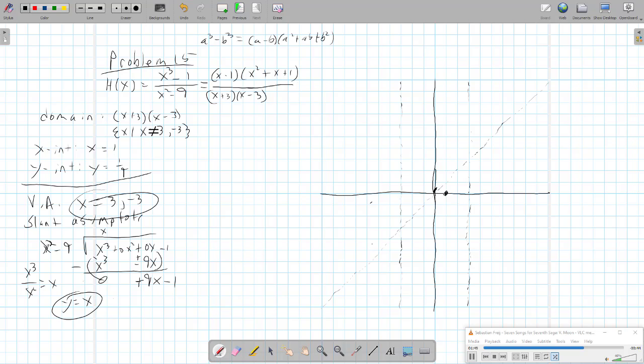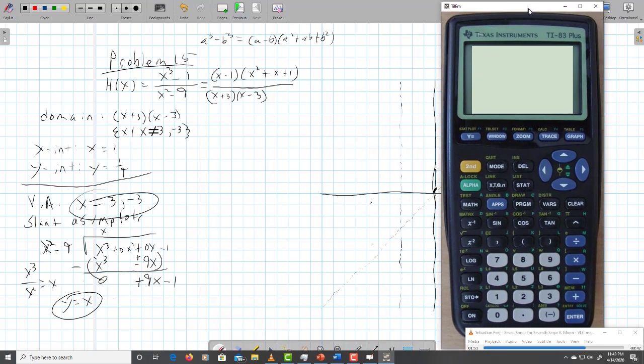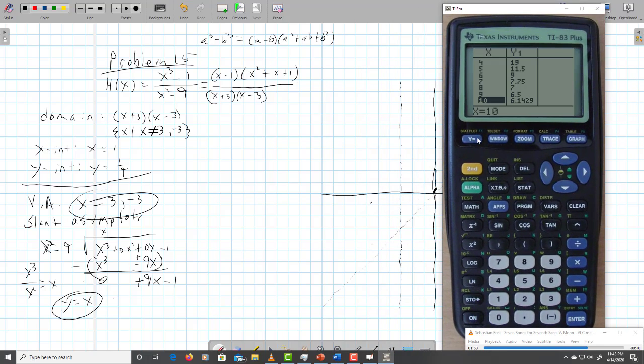And grab our calculator. Plot in parentheses x to the third minus 1 divided by, in parentheses, x squared minus 9. Close that. Look at the table.